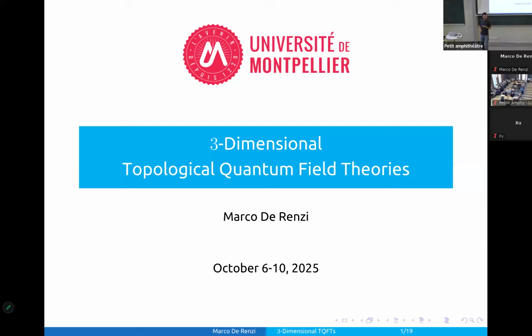Connected surfaces with one boundary component are essentially classified by their genus. So we can get a skeleton of the category by just taking objects to be natural numbers. And the idea would be that there will be a surface Sigma of genus g with one boundary component that will correspond to the integer g.